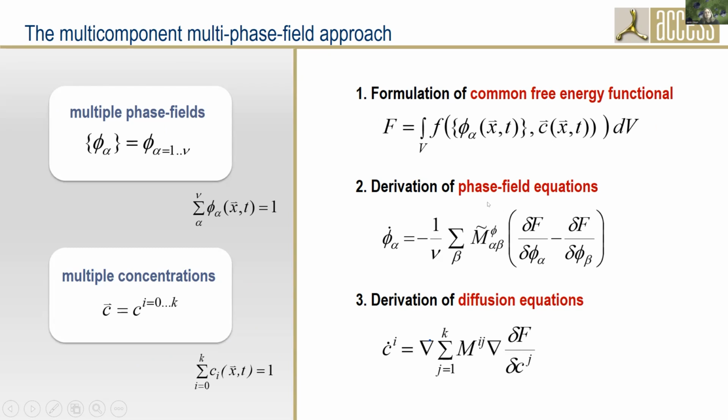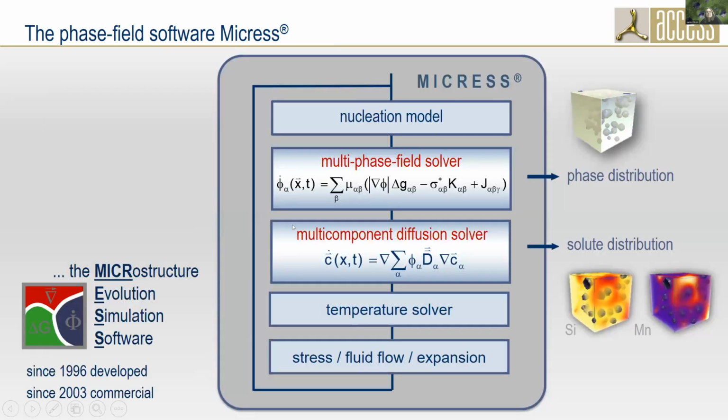And from this, we derive a set of phase field equations, as described before, and additionally, a set of diffusion equations. And these both sets of equations then form the central part of our microsoftware, which we then use to describe the evolution of the phase distribution and the evolution of the solute distribution with time.